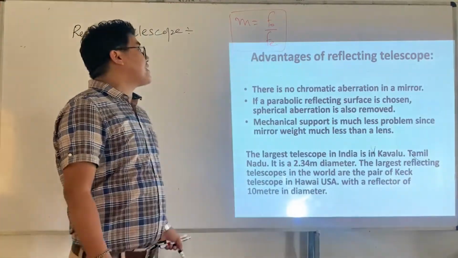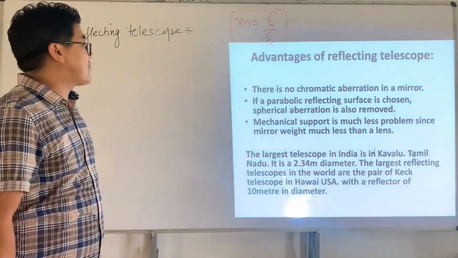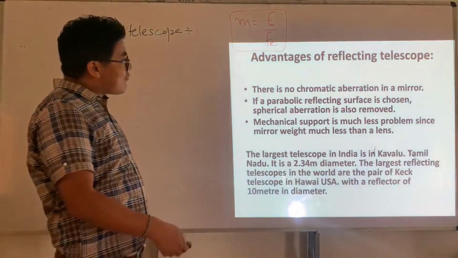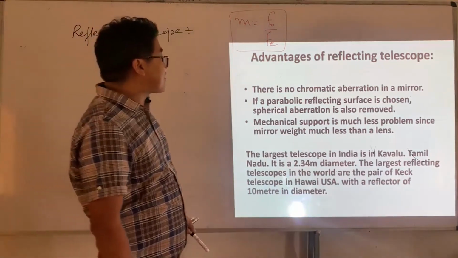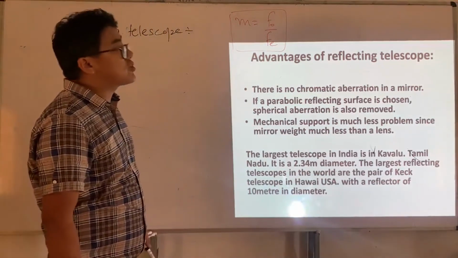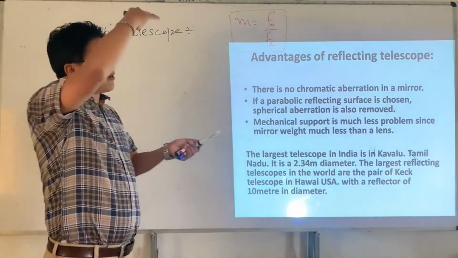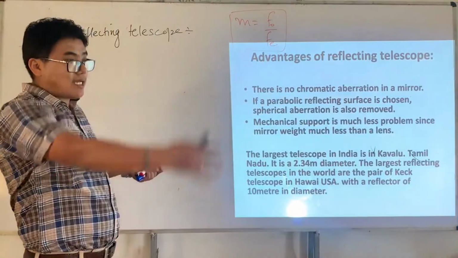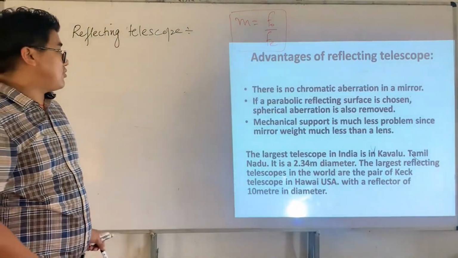There is no chromatic aberration in a mirror. So therefore there is no dispersion taking place. Again, another very important point is that if a parabolic reflecting surface is chosen, the spherical aberration is also removed. So if I choose a parabolic surface, we could remove all spherical aberrations.